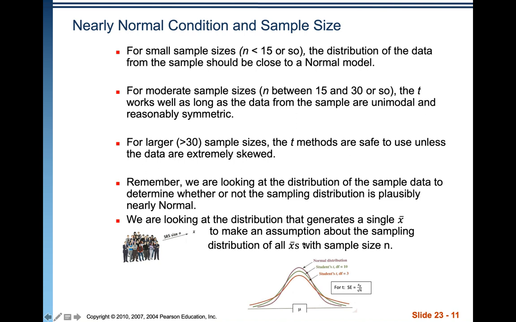As long as our sample size is larger than 30, we know that it's going to be approximately normal. If it's 30 or smaller, we need to look at the distribution of our sample to make a statement about whether or not it's plausible that the sampling distribution would be nearly normal.